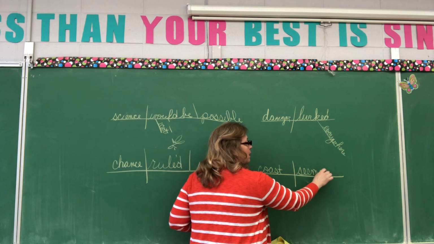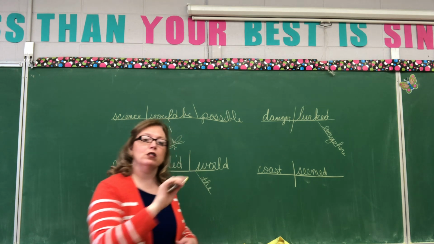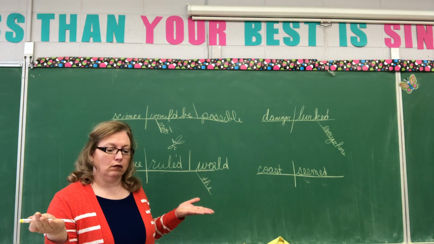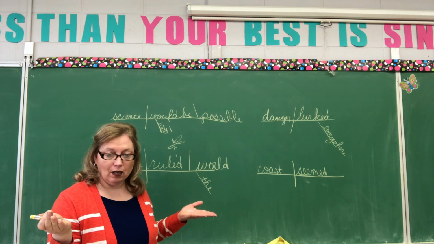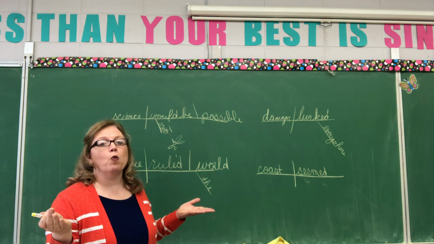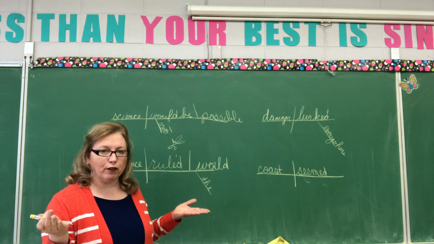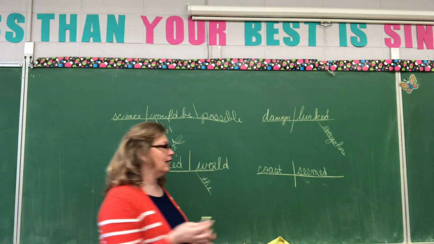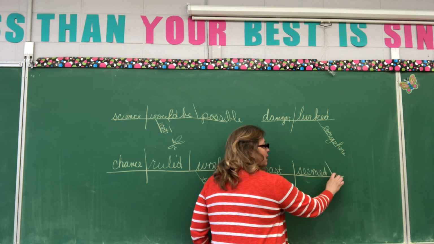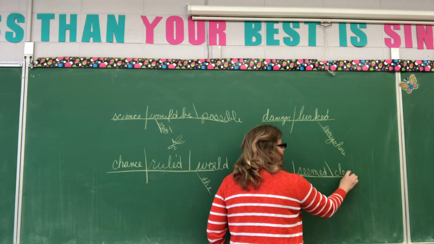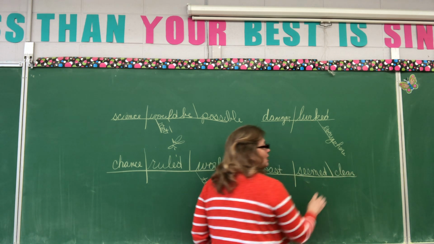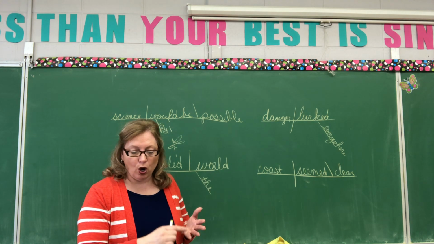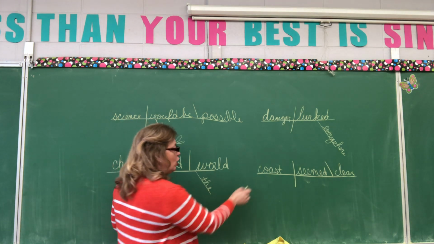Seemed is my verb. Coast seemed what? Coast seemed clear. Now, what kind of verb is seemed? It's not an action, it's linking. That makes this a predicate adjective because clear describes the coast. So, coast seemed clear. Which coast?